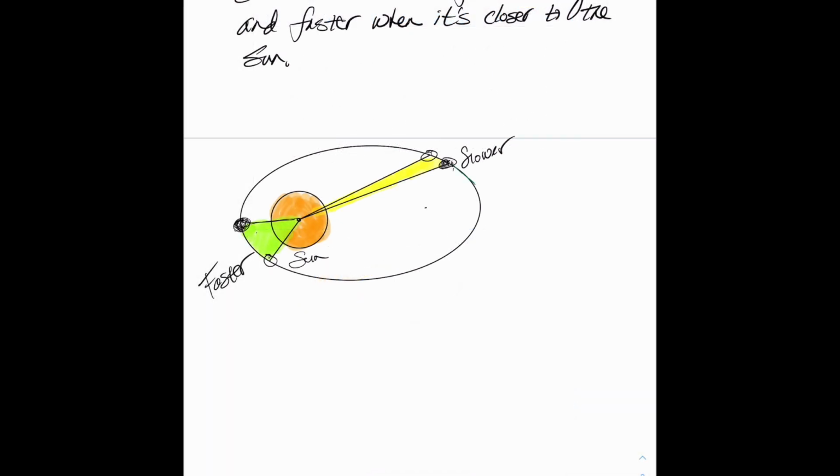Okay, so now let's look at Kepler's third law. And we're actually going to work off the idea that even though the planets move in elliptical orbits, we are going to assume a circular orbit for this derivation. Oh, my 3 looks like a 2.